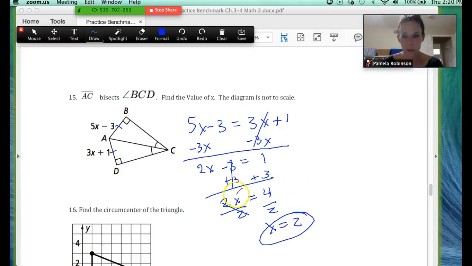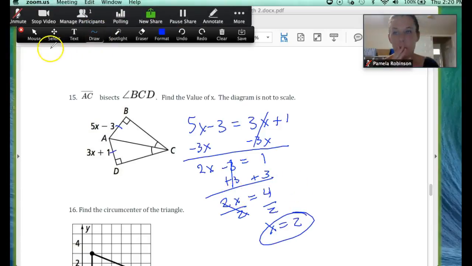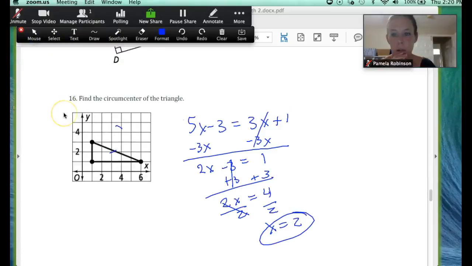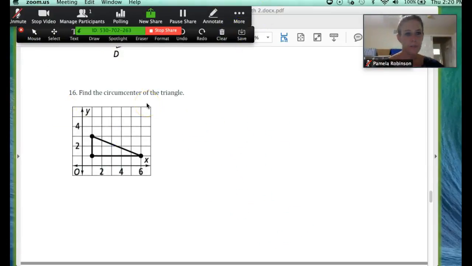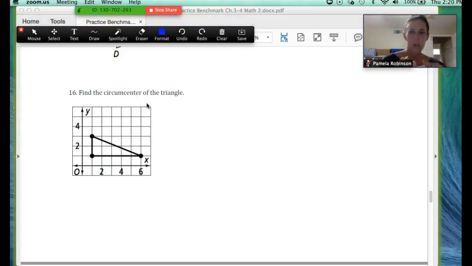All right, on to, let's do the mouse and clear that. Okay, find the circumcenter. Now, the circumcenter, the orthocenter, the centroid, all of those are centers, points of concurrency is what I meant to say, for all of your triangles and their angles.